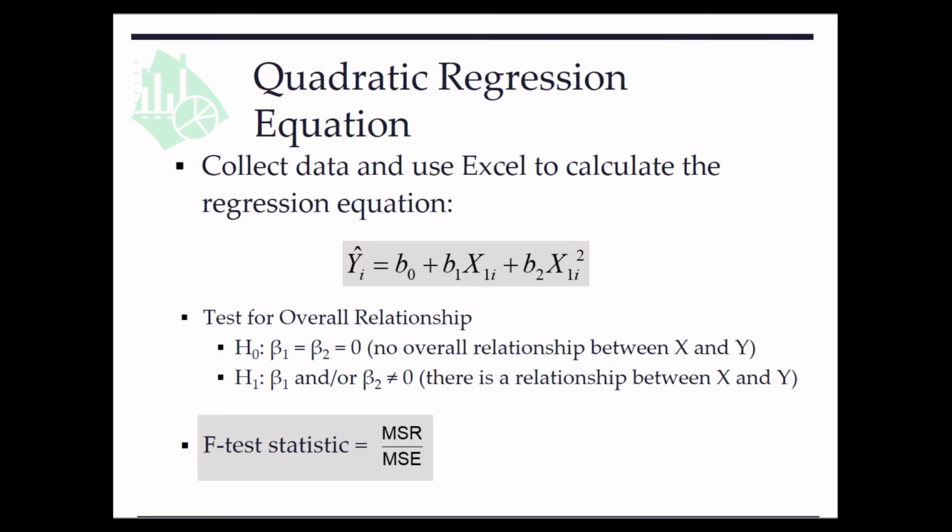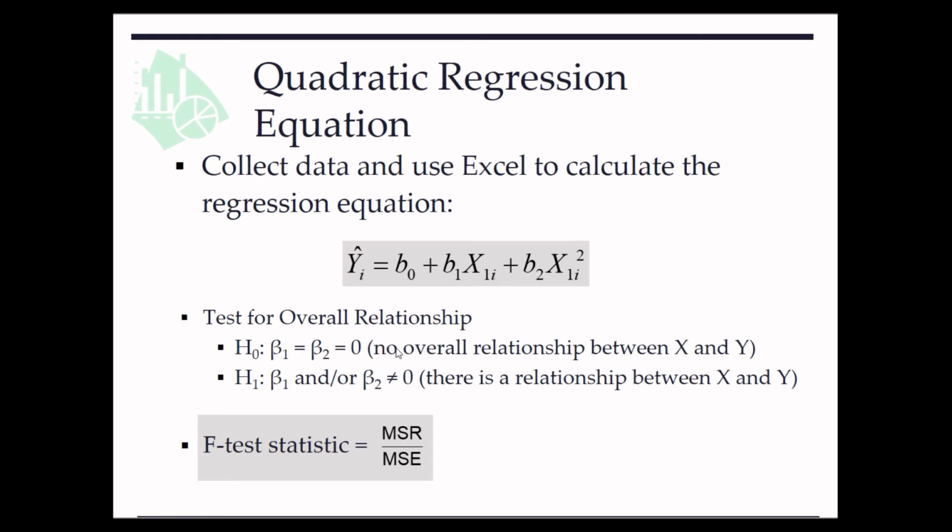We try to find a regression equation as follows, where we estimate b0, b1, and b2. Regarding the overall relationship, we test the null hypothesis beta 1 equals beta 2 equals 0.